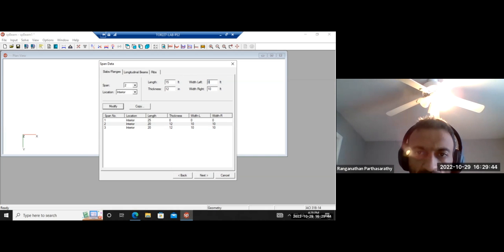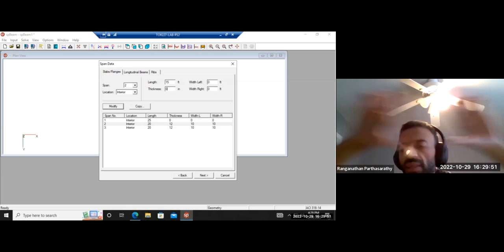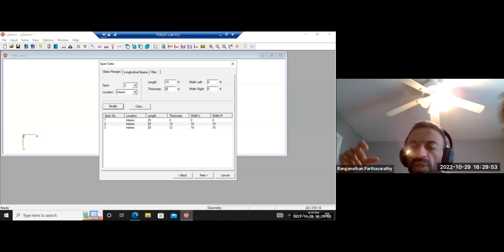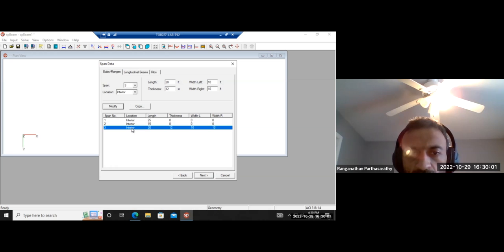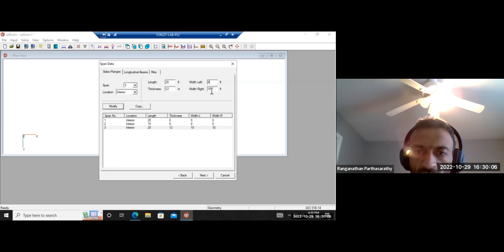And none of these things, because it is assuming that there is a slab with a beam, now we are saying only beam, no slab. Modify. Then third span, 20 feet. There is nothing. Thickness.